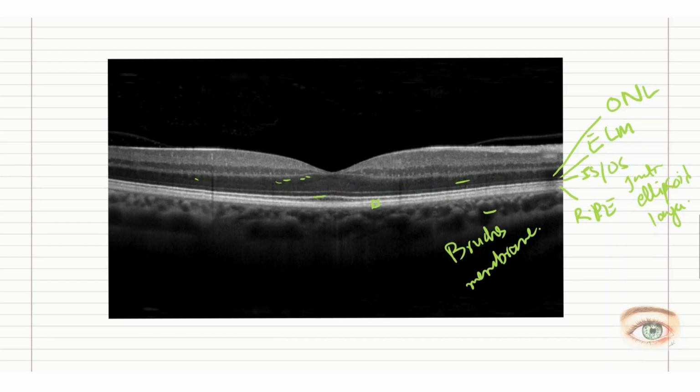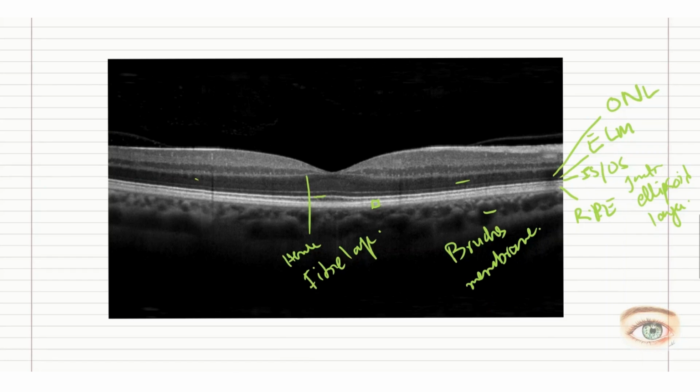Let's make it less messy. So this layer right here is the Henle fiber layer, right?